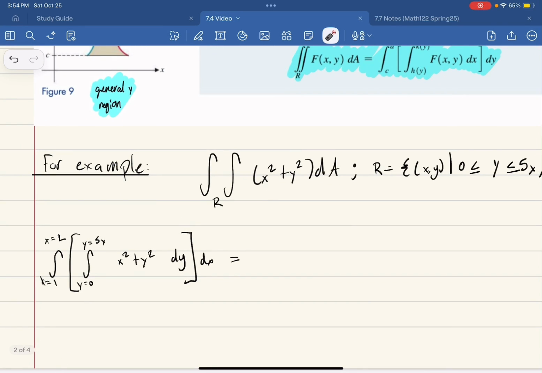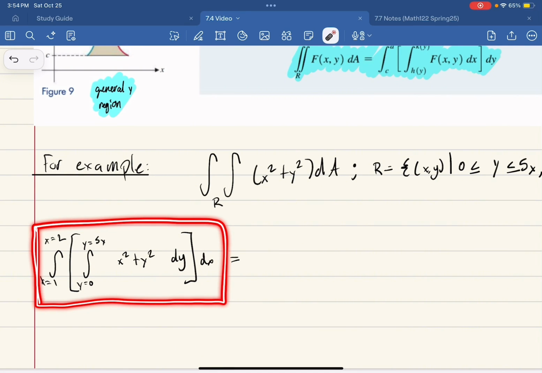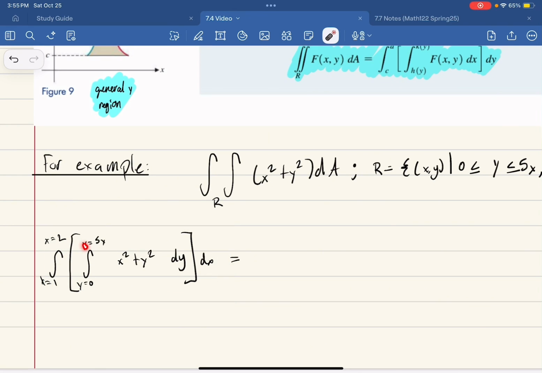This is how I set up my equation, because like I said, we're solving for y first and dx last. We're going to be solving for y, as y goes from 0 to 5x, of x squared plus y squared dy.